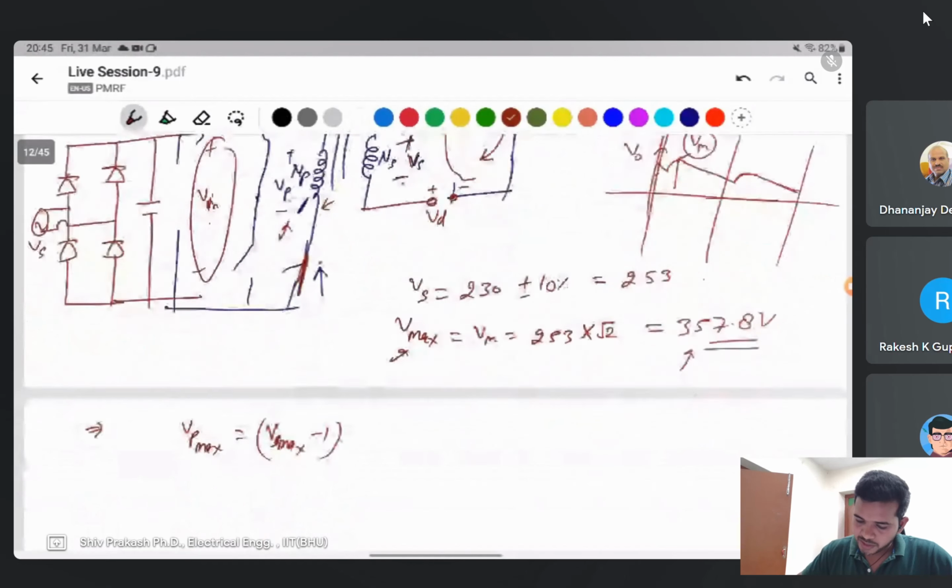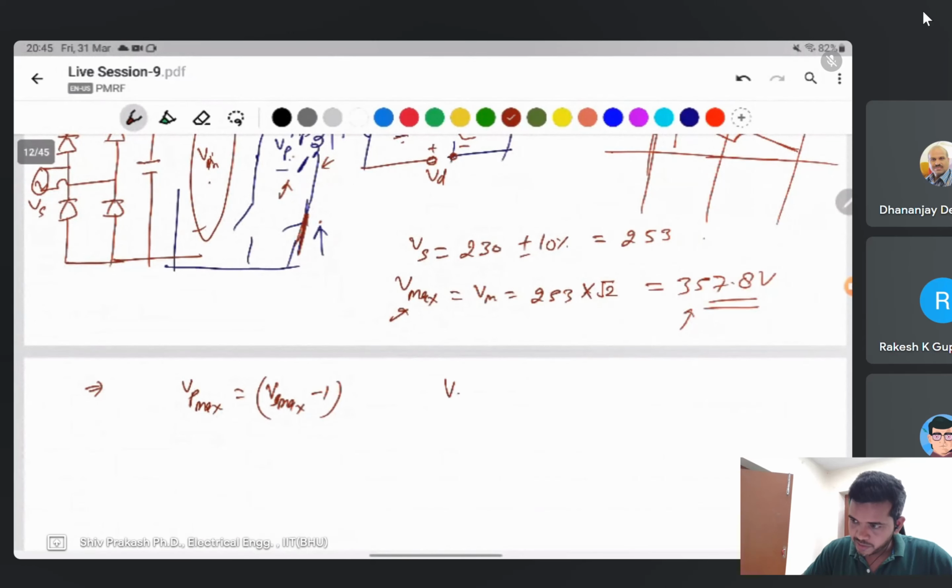Then 2 VS minus the VT1 is equal to 2 VS minus 0.5, and VS is equal to VS maximum or VP minus 1, into NS divided by NP.